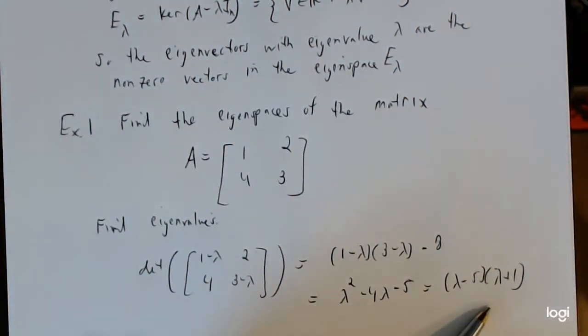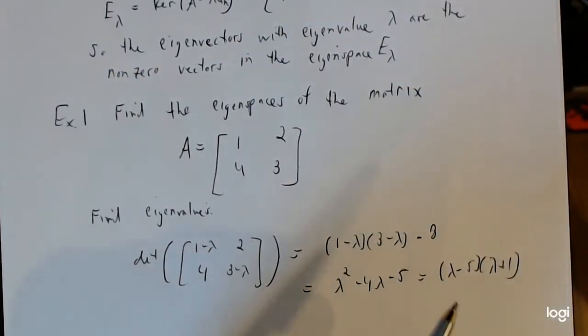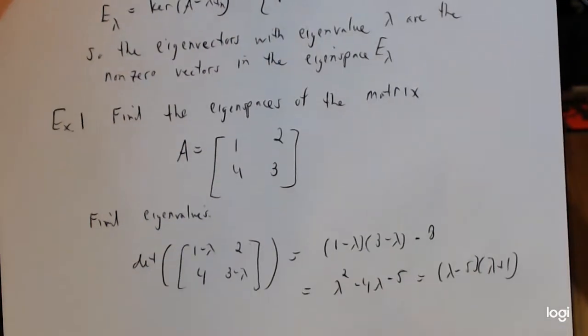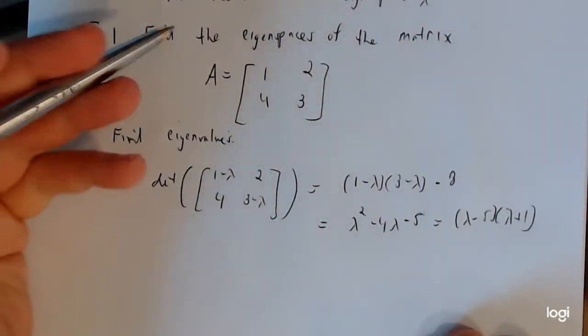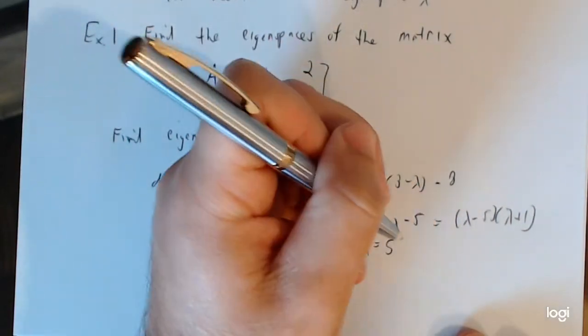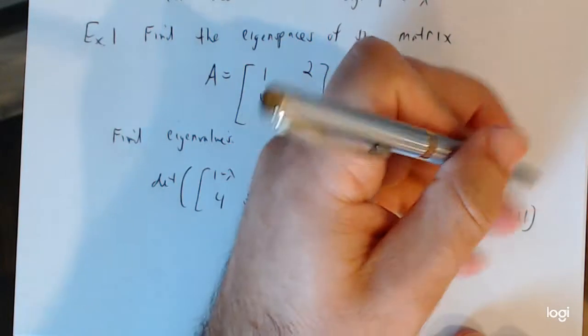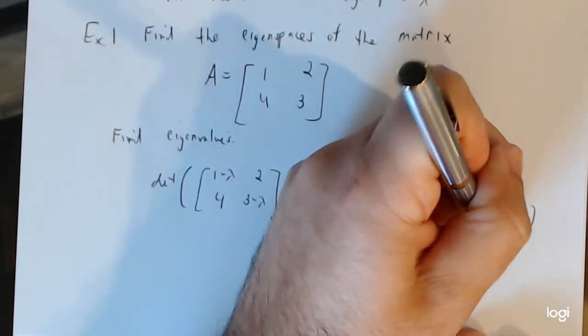Setting this equal to 0, our eigenvalues are lambda sub 1 equals 5, and lambda sub 2 equals negative 1.